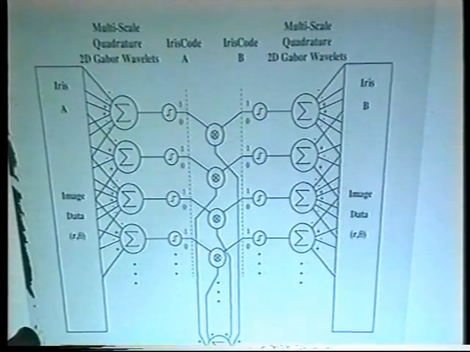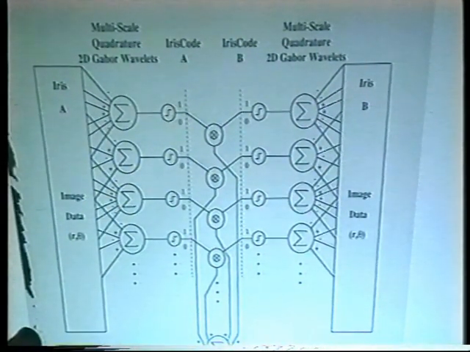We can perform searches on a PC at the rate of about 100,000 irises per second, because all that's involved is taking the exclusive OR of two iris codes, which of course detects disagreement between the corresponding bits, and moreover is a vectorizable operation.